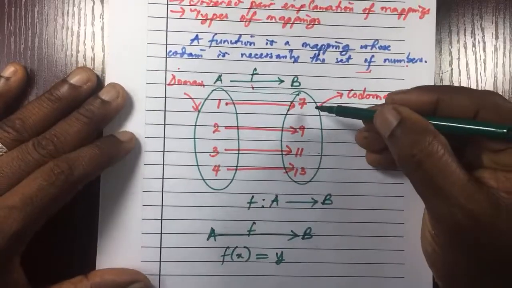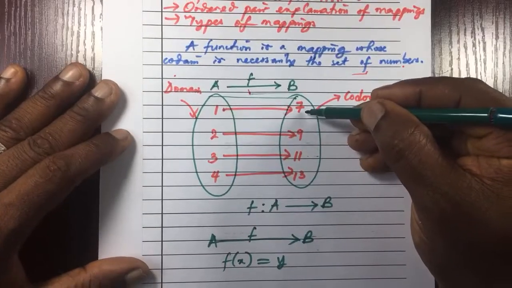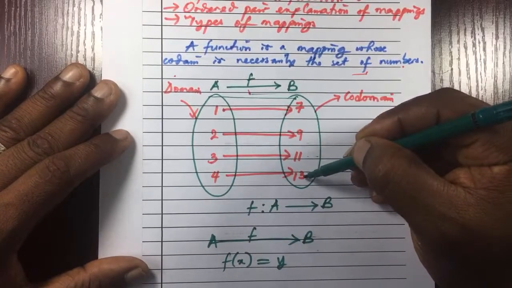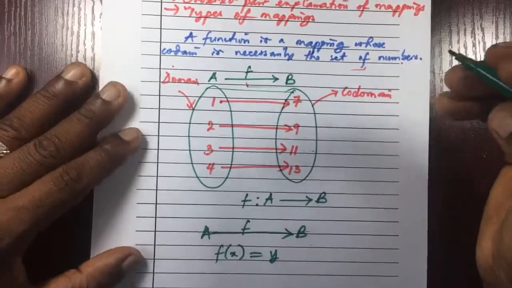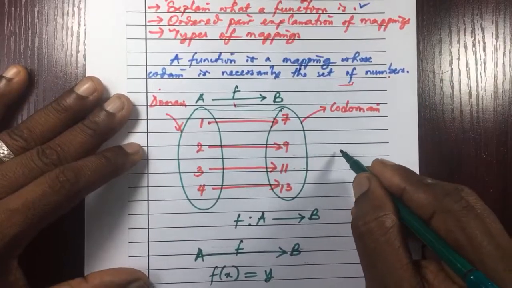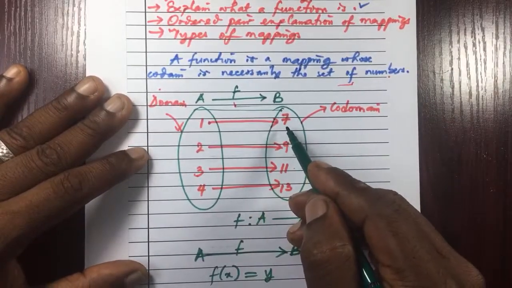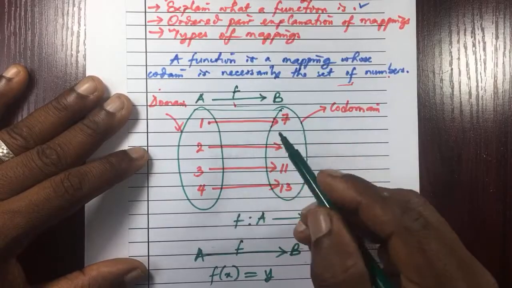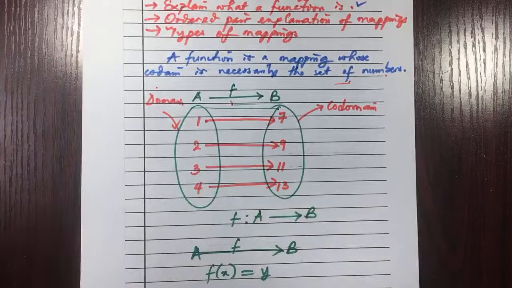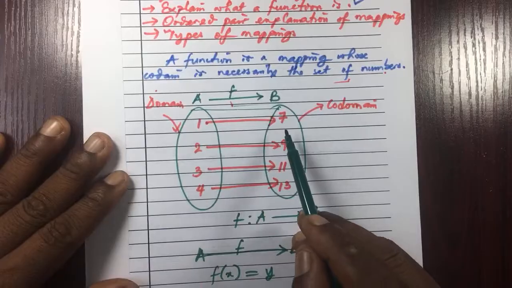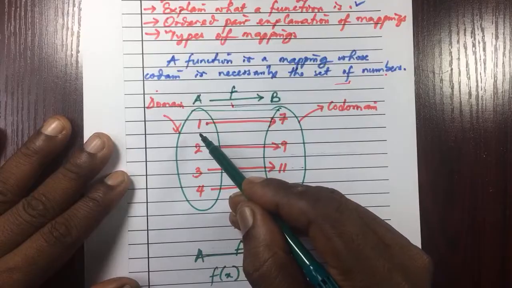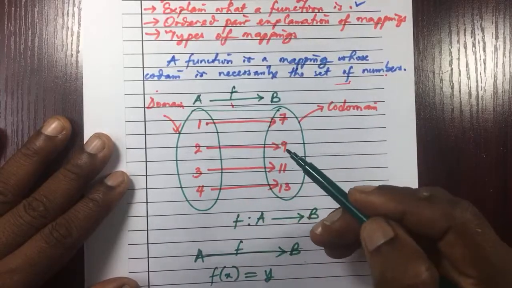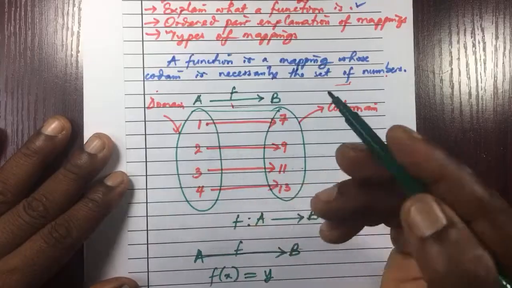Now let's use one of them to explain what is going on here. You would notice that there is a relationship between the elements in the codomain 7, 9, 11, 13 and the elements in the domain 1, 2, 3, and 4. For you to get an element in the codomain, all you have to do is to multiply an element you pick from the domain by 2 and then add 5 to your result.